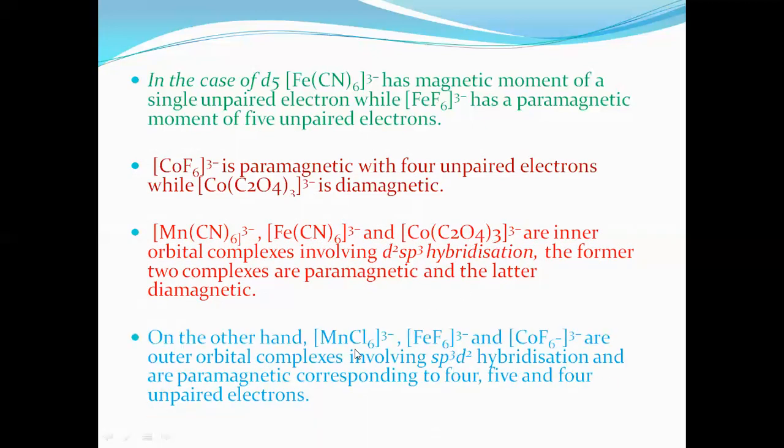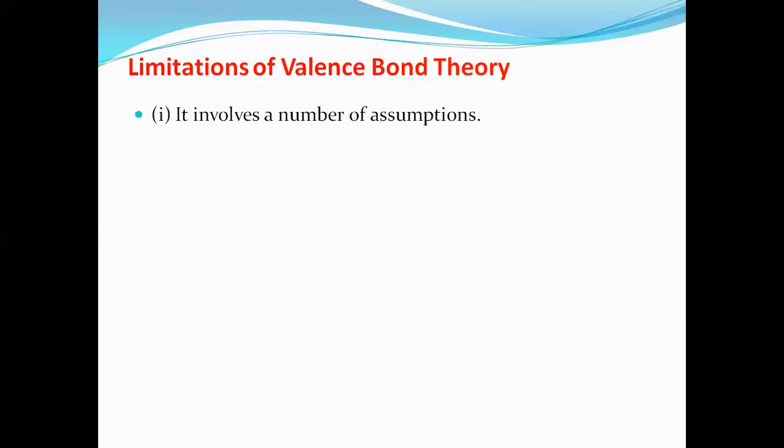Similarly, hexachloridomanganate, hexafluoridoferrate, and hexafluoridocobaltate undergo sp3d2 hybridization as outer orbital complexes and are paramagnetic with respect to four, five, and four electrons. Now the last part of valence bond theory: the limitations of valence bond theory.